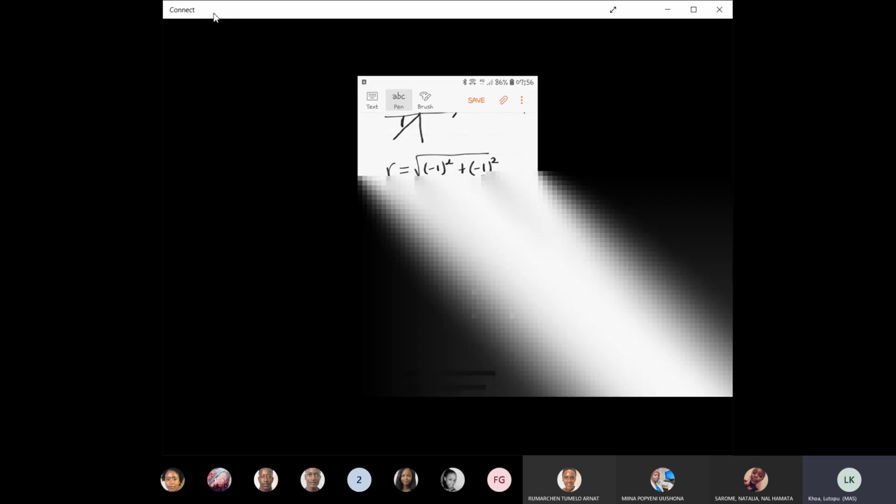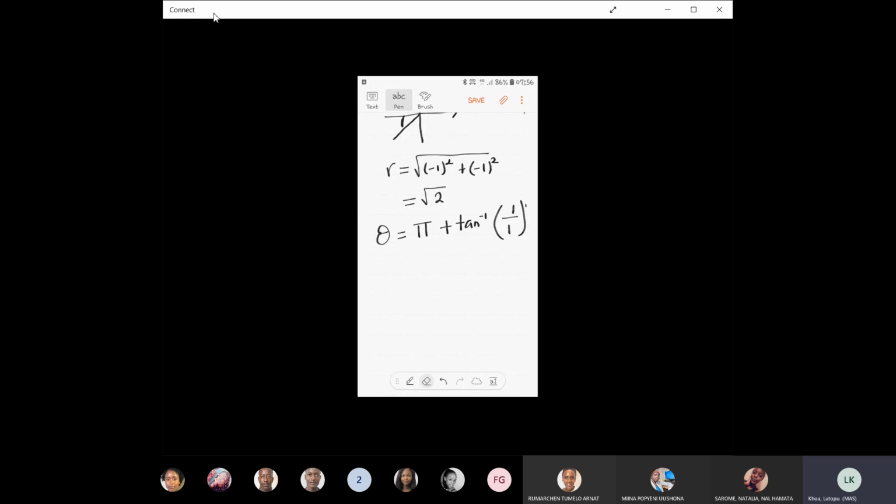Here tan inverse of 1 we know is pi over 4. That's 45 degrees, so it's a special angle. So here I have pi plus pi over 4, and this is equal to 5 pi over 4, in radians.